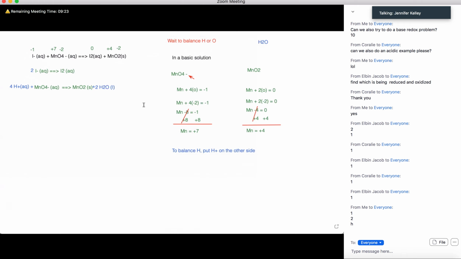All right. So now this is all you do if you're doing an acid reaction. At this point, you'd be done, and then you would add the electrons and everything else just like the normal ones. But this is in a base. Since it's in a base, we want to neutralize the H plus with OH minus. Okay?